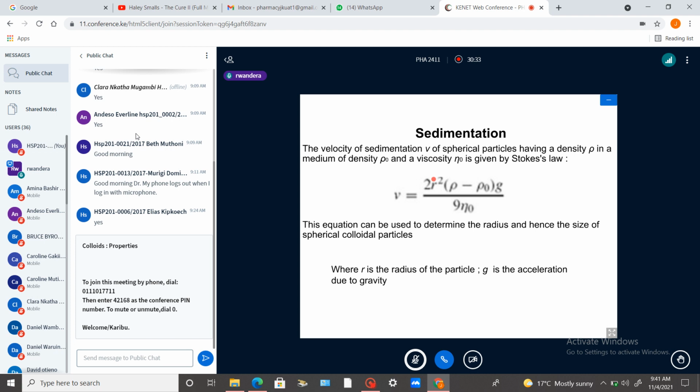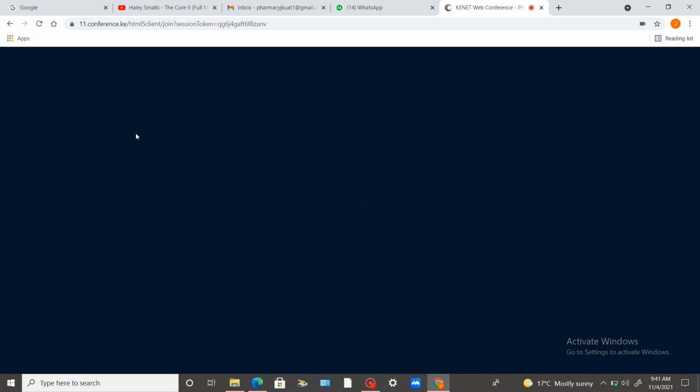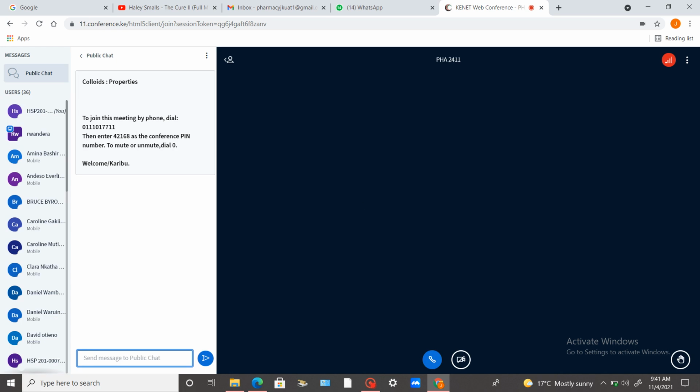So in this case, for you to be able to determine the radius, or rather the size, of spherical colloidal particles using sedimentation, you need to introduce a stronger force so that your particles are able to undergo sedimentation. Now you introduce what we call centrifugation. You have to centrifuge the colloidal dispersion so that your particles are able to sediment.